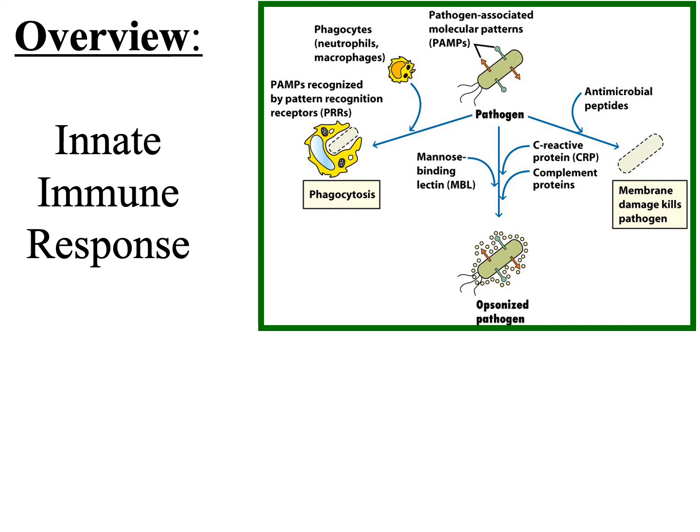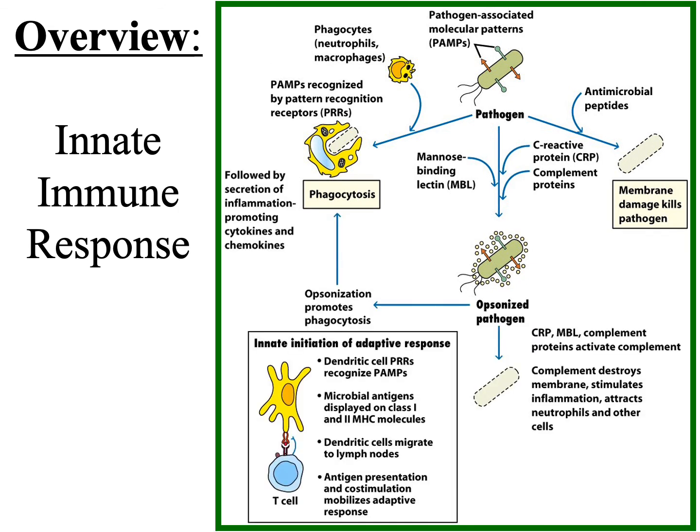What you see in the center of the slide are 3 different examples of opsonins: mannose binding lectin, C-reactive protein, and complement proteins. They have the ability to interact with the pathogen and essentially coat the pathogen and help target it for phagocytosis. So the little spheres or dots that you see circling the pathogen represent these opsonins that are binding to the pathogen.